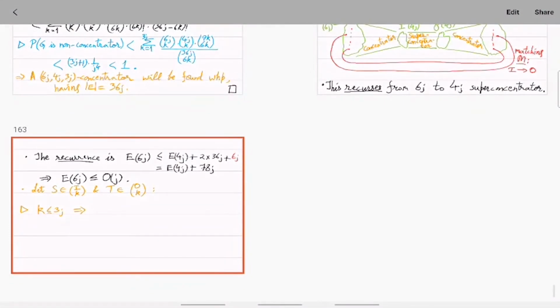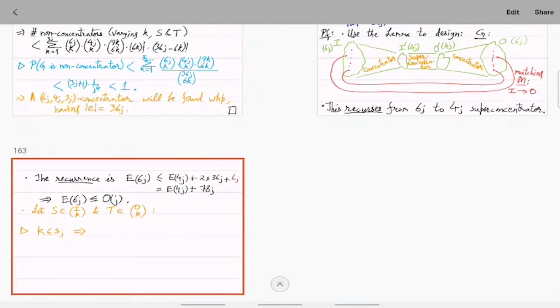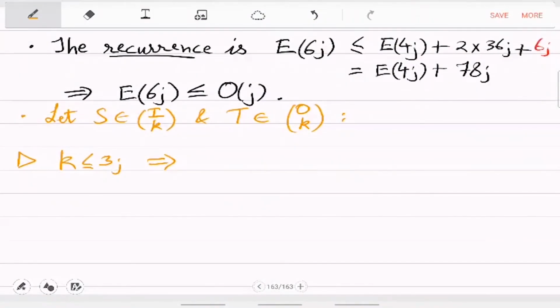Then the concentrator property kicks in. The concentrator property says that for this S, there is a T prime in I prime, and similarly for T, there is an S prime in O prime, and then for S prime and T prime, super concentrator property kicks in.